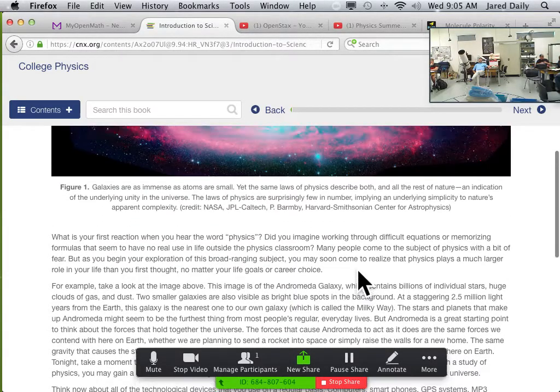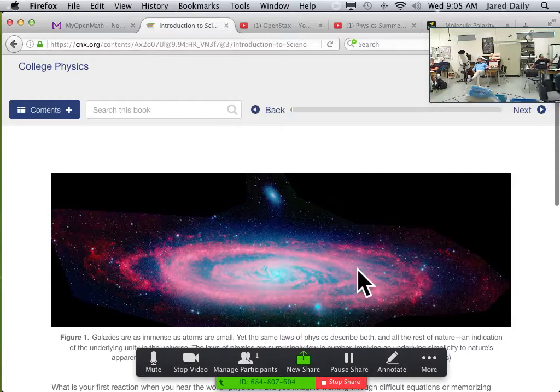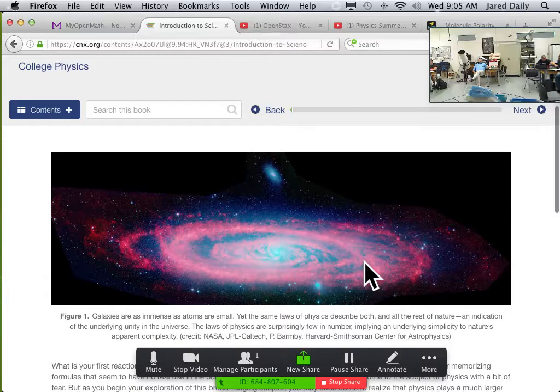So physics and science, and then some more details about things like units and numbers and other things like this. I love the pictures they put in this book and other physics books, because they're just interesting to talk about. In this particular picture, we have a galaxy.